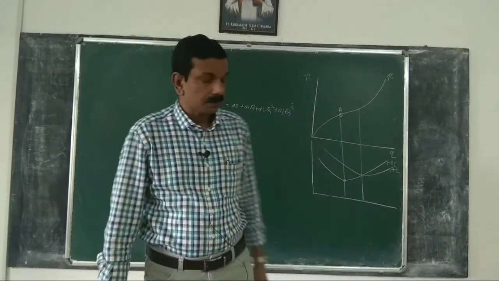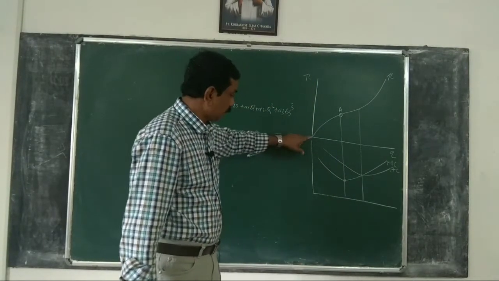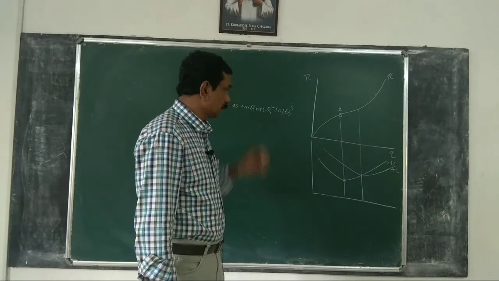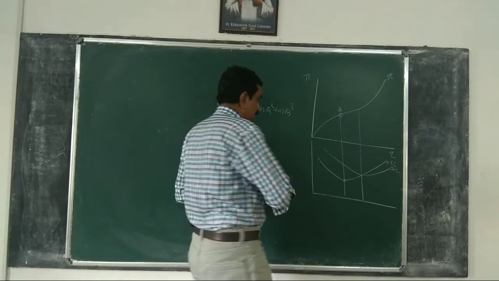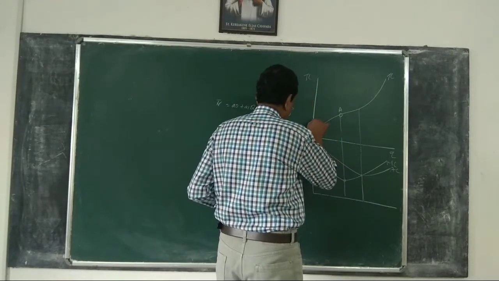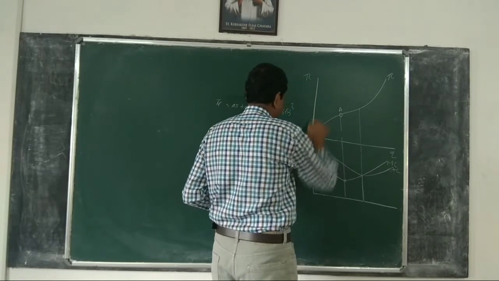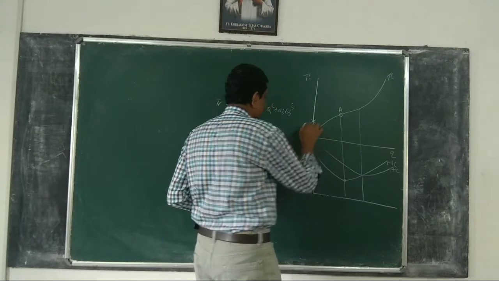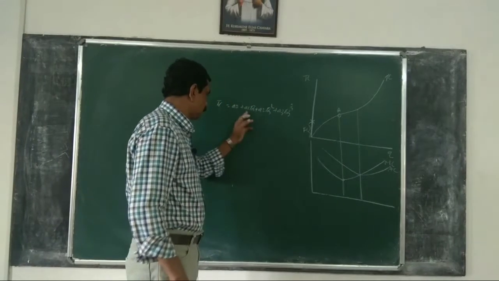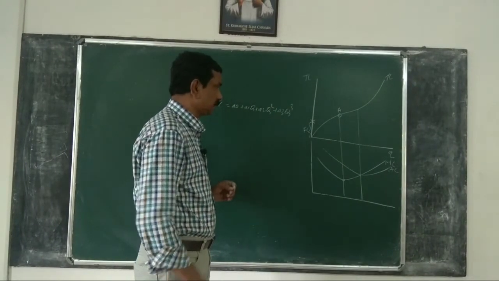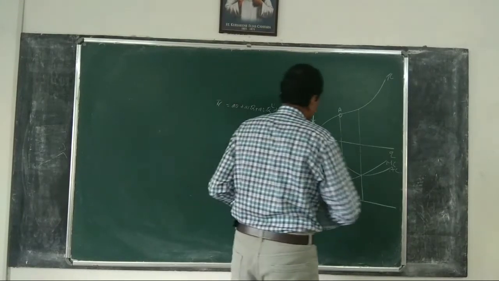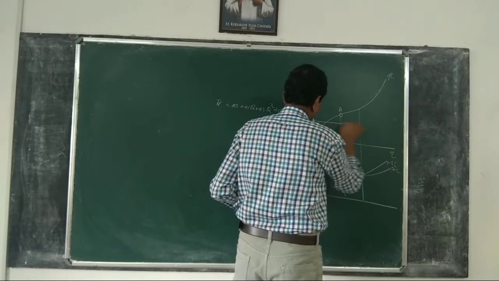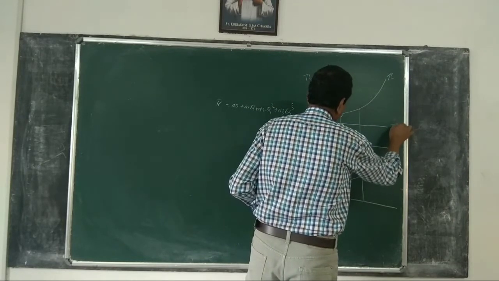And there is one issue here. In the graph, the total cost starts at 0. Actually, the total cost starts somewhere on the y-axis, and this is the fixed cost. And in terms of the equation, A0 is the fixed cost. In that case, this is total variable cost, and there is a total fixed cost.